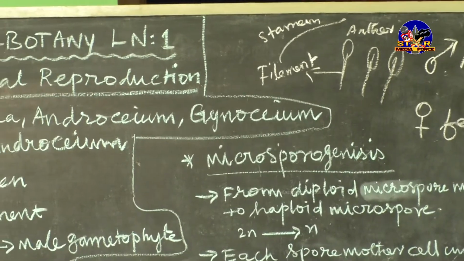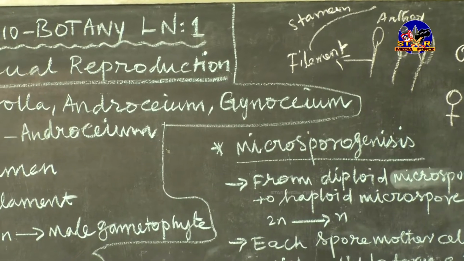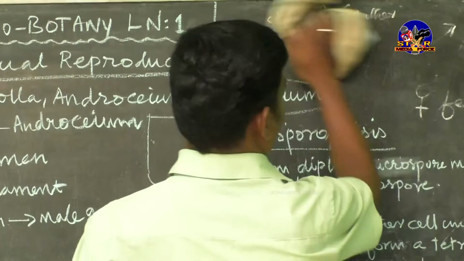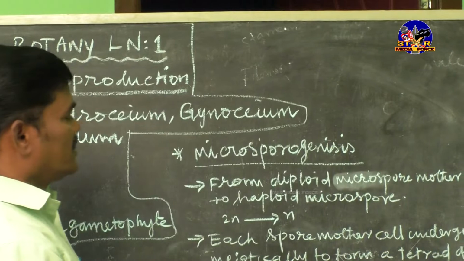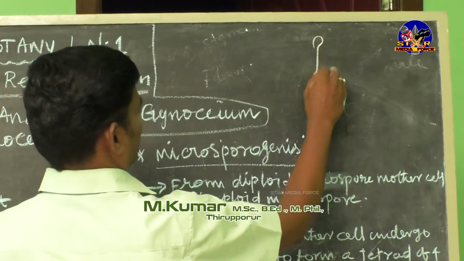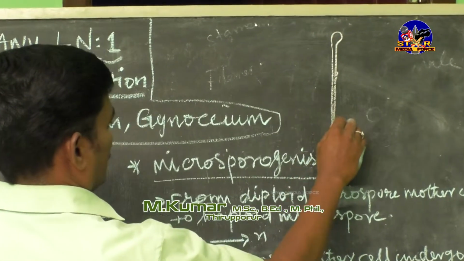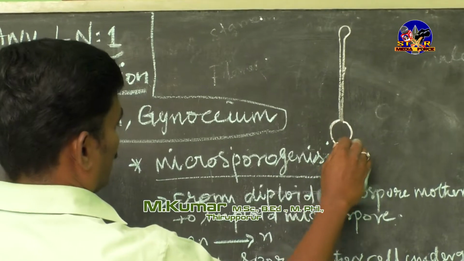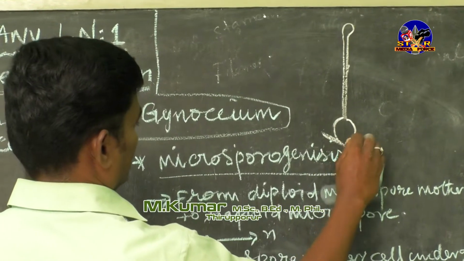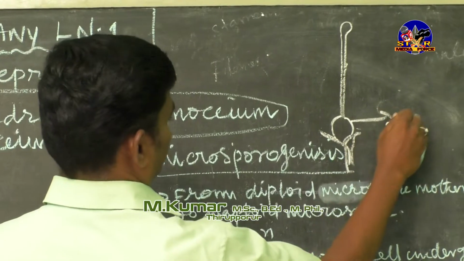See, how is the gynoecium? Inside the flower, you are going to see the gynoecium. This is the stigmatic surface, and they have the ovary. This is the ovary.